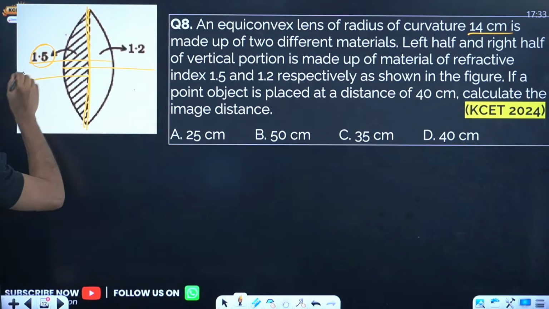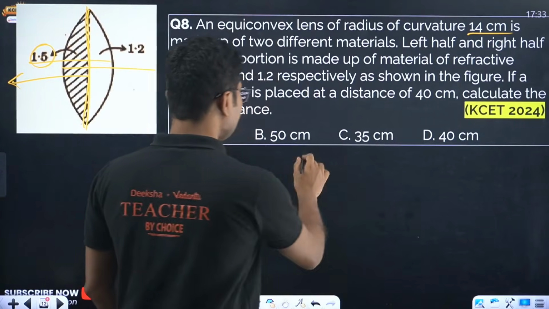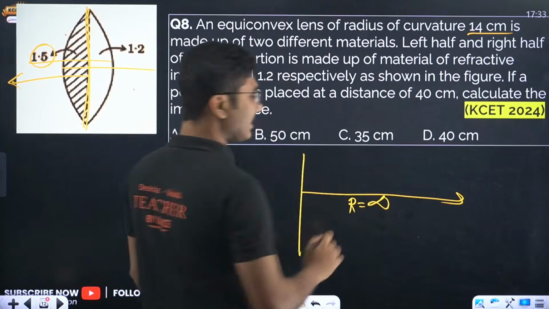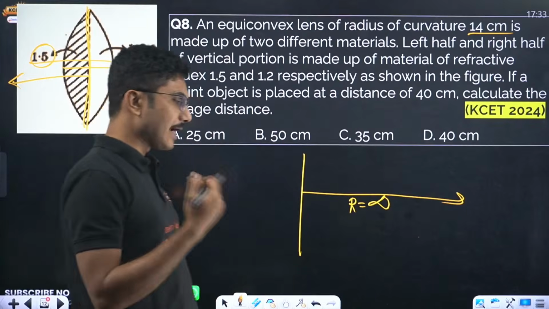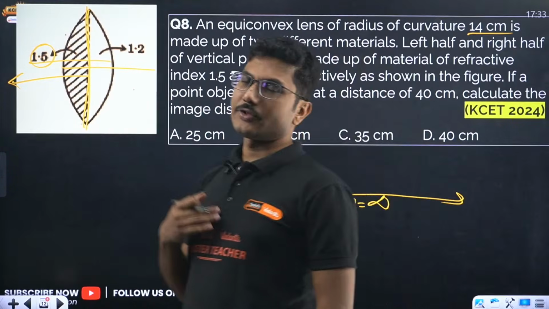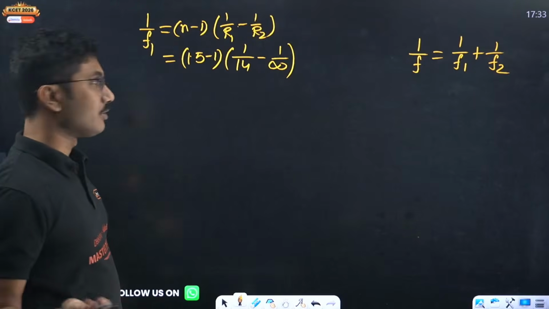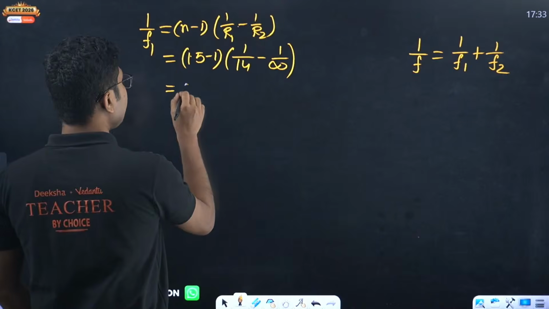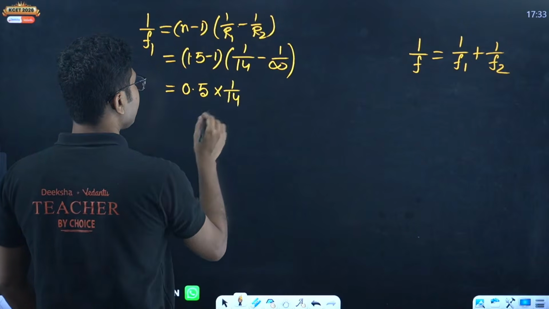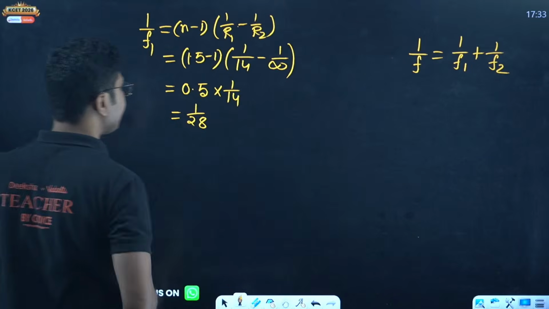Flat means the radius of curvature is infinity. Any straight line has a radius of curvature equal to infinity. That is how flat surfaces are defined. What is a flat surface? A flat surface is a part of a sphere having radius of curvature infinity. That is how a straight line is also defined. So here we get 0.5 into 1 by 14, so that is 1 by 28. We will leave it here because we have to use that formula.